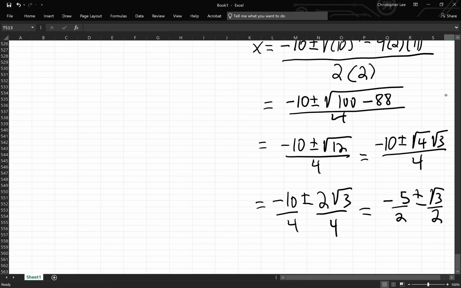Yeah. Well, there's two answers there. But you see, because it has that radical, there's nothing I can really do. If it was like a whole number, like 6 plus 10 and 6 minus 10 kind of thing, I could write that down. But when it's a fraction like that with the radical, just leave it alone.